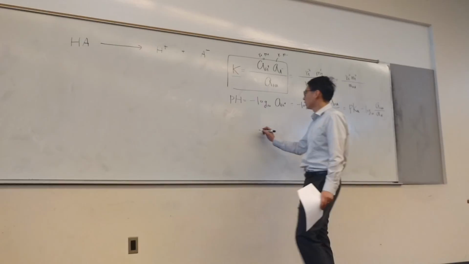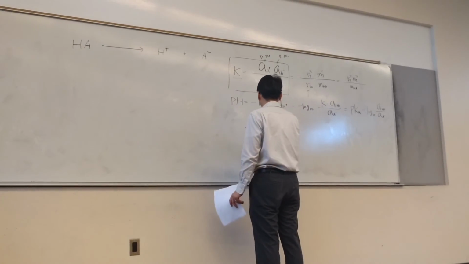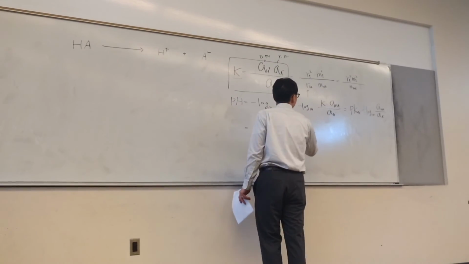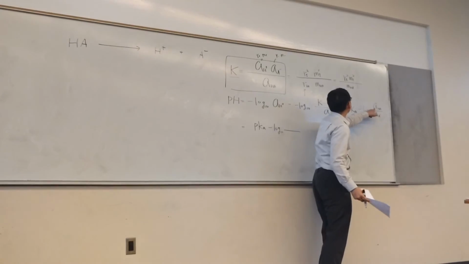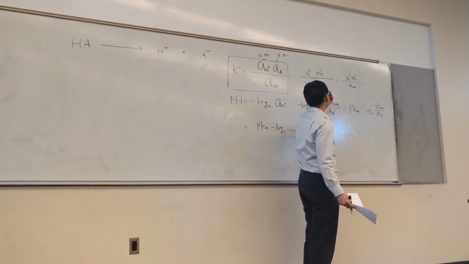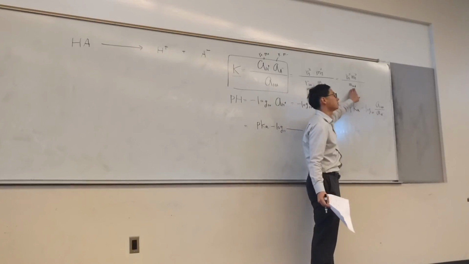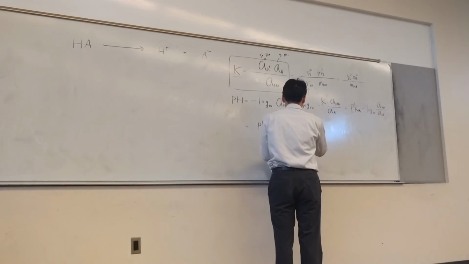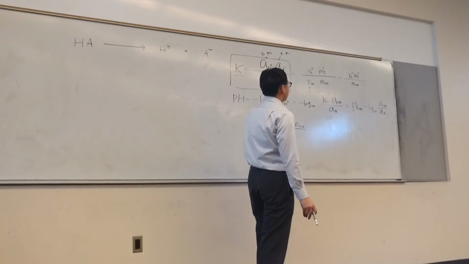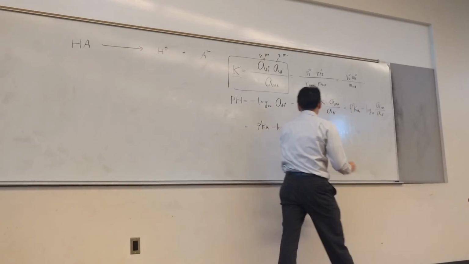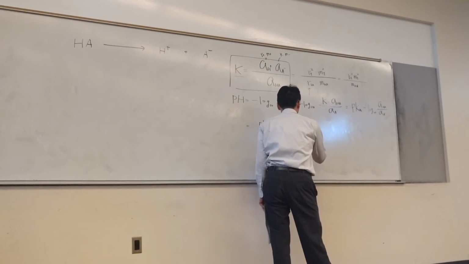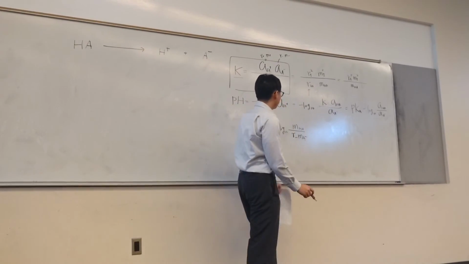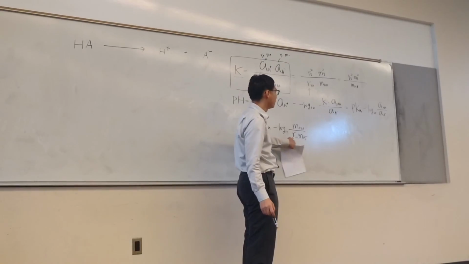So here we can rewrite it as pKa minus log 10 of a HA. It is going to be equal to gamma HA times M HA, because it's a weak acid, so you can write it just as M HA. So I'm going to write M HA on the top. And at the bottom you see this will be gamma minus and M minus, or A minus. And then we know we cannot determine gamma minus, right?